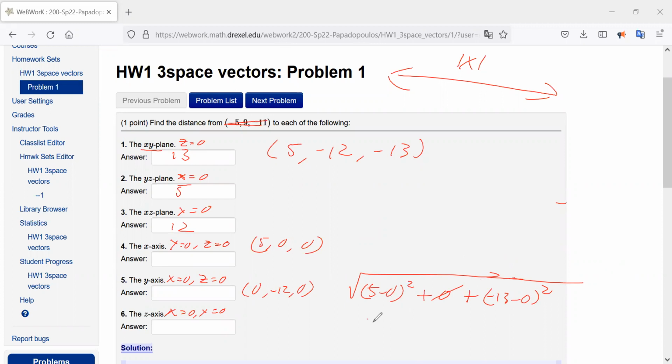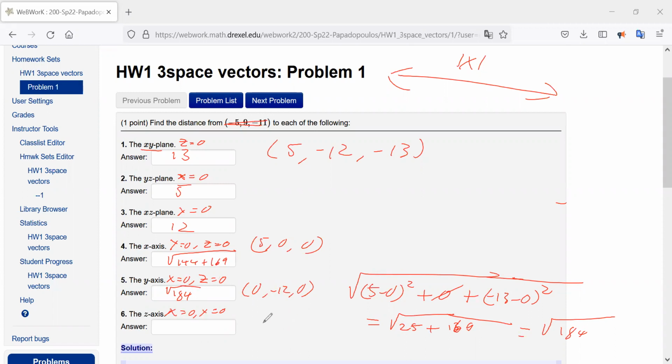This is going to be equal to the square root of 25 plus 169, which is the square root of 184, which is not going to simplify any nicer. So you can just leave it like that.